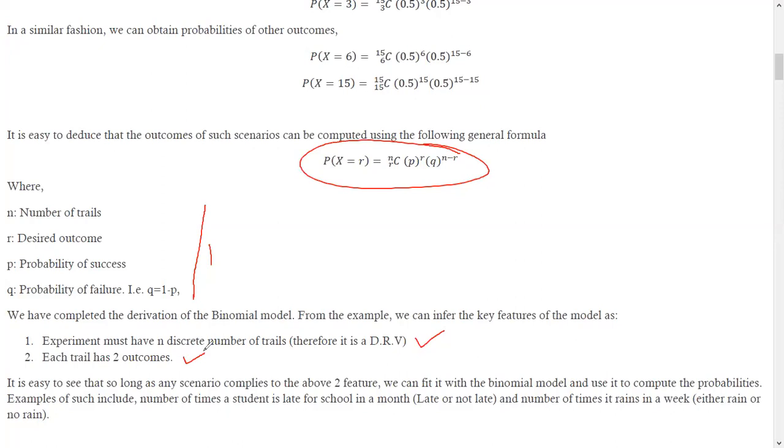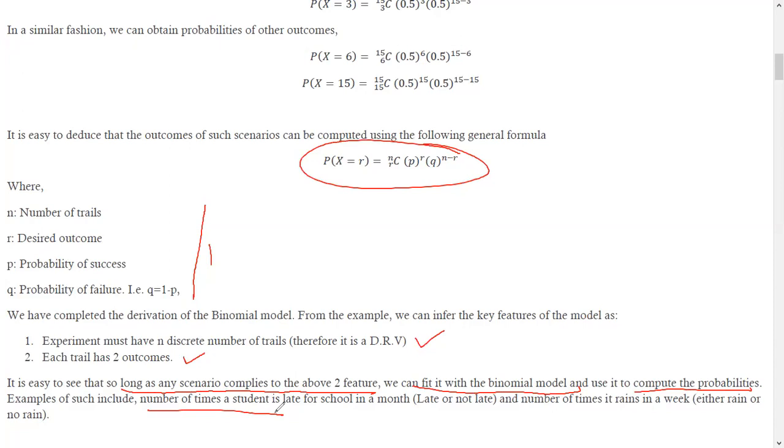So long as you have any scenario that fulfills the above 2 features, we can fit it with a binomial model and use it to compute the probabilities, including things like the number of times a student is late for school and the number of times it rains a week. This is a statistical model which is derived from theory.